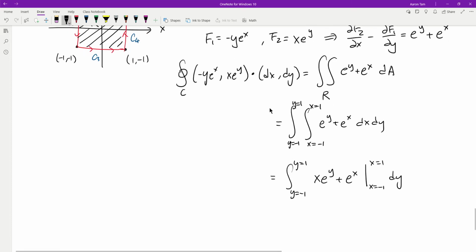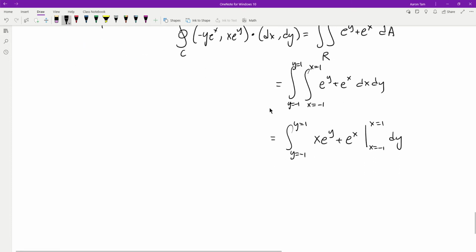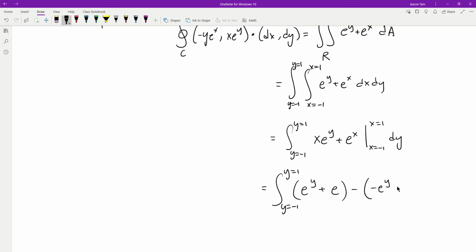So when I plug in negative 1 and positive 1, that would be the integral of y from negative 1 to positive 1. When I plug in 1, I get e to the y plus e, minus, when I plug in negative 1, I get negative e to the y plus e to the negative 1, dy.